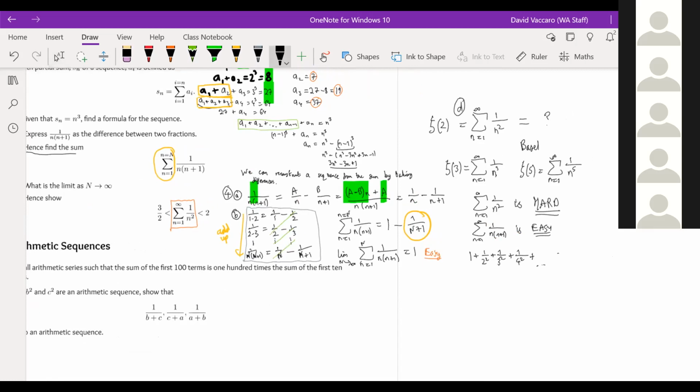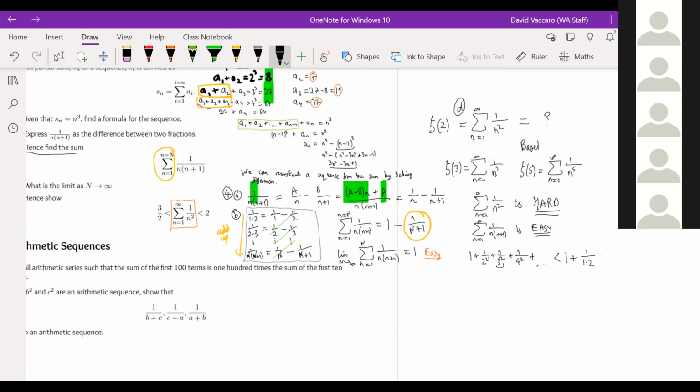Well, I can make this sum bigger by making the denominators of the fractions smaller. So when I have 2 squared, which is 4, a larger fraction would have a smaller denominator, which would just be 1 times 2.